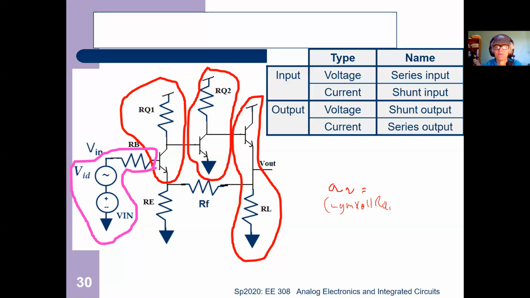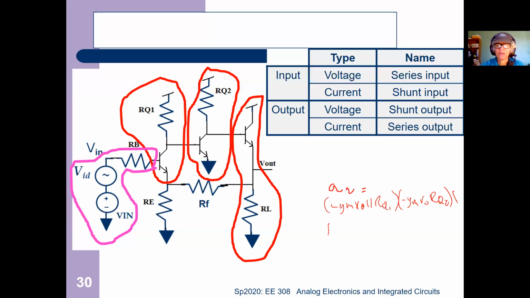And then what's the gain of your second stage? The same thing except with RQ2. GM, RO, RQ2. And then what's the gain of a common collector? 1. And you're done. And I'm not including loading factor just because that would make it too awful. But that's your AV. Okay.